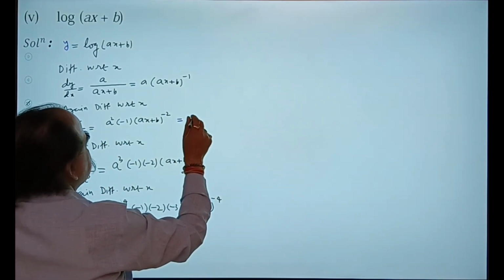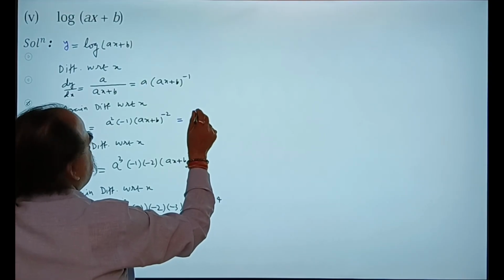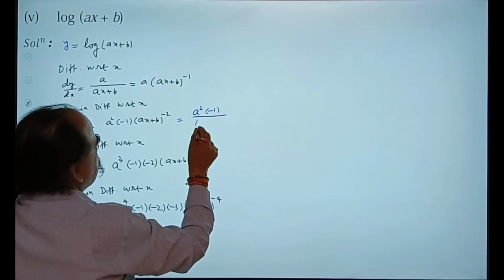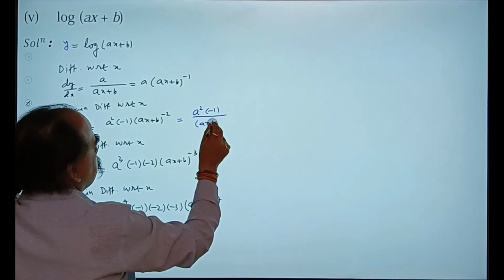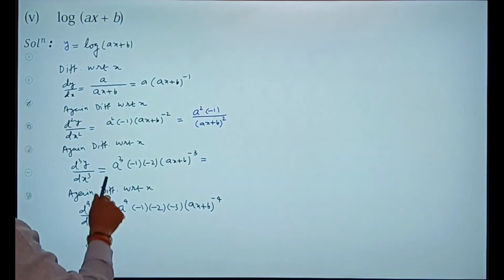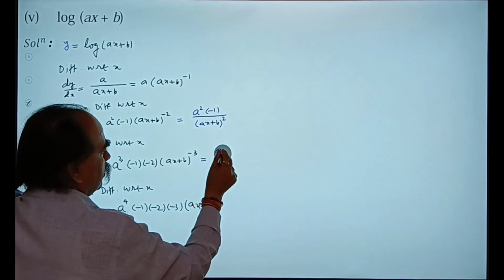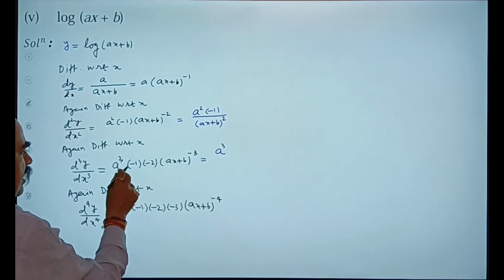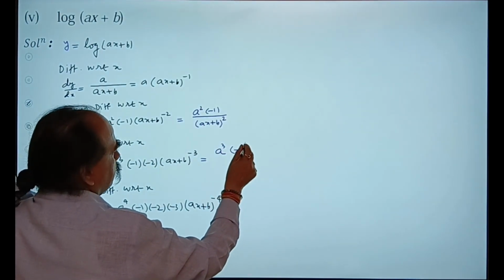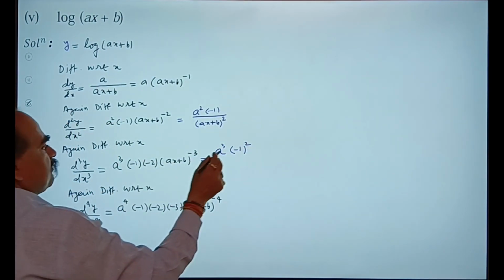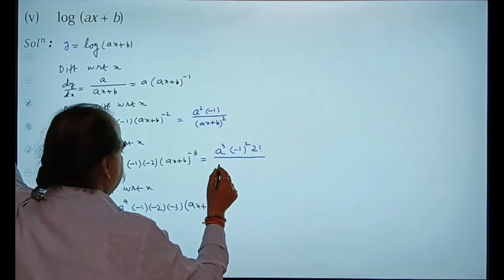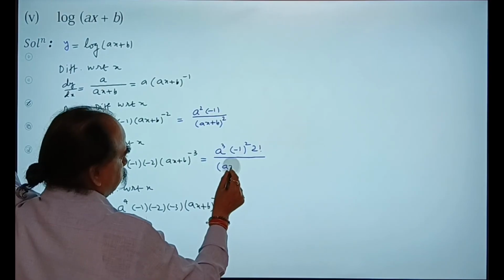This can be written as a square into minus 1 upon (ax plus b) raised to 2. A cube into minus 2 times, so minus 1 square, and after that, 1 into 2 will give you a 2 factorial divided by (ax plus b) raised to 3.